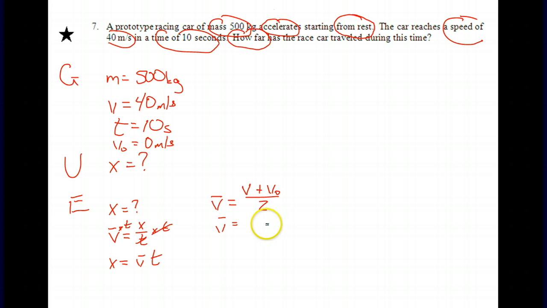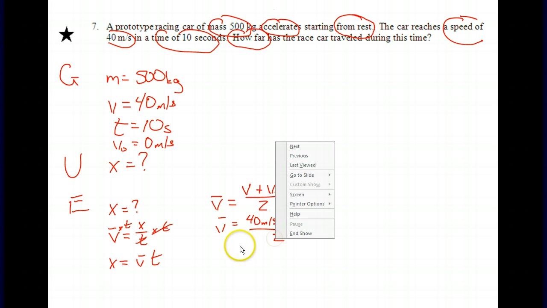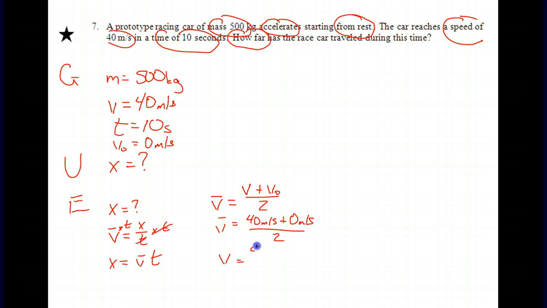The final velocity was 40 meters per second, and the initial velocity was 0 meters per second. And then we'll divide that by 2. Well, 40 plus 0 is 40. Divide that by 2, and we get that the average velocity was 20 meters per second.